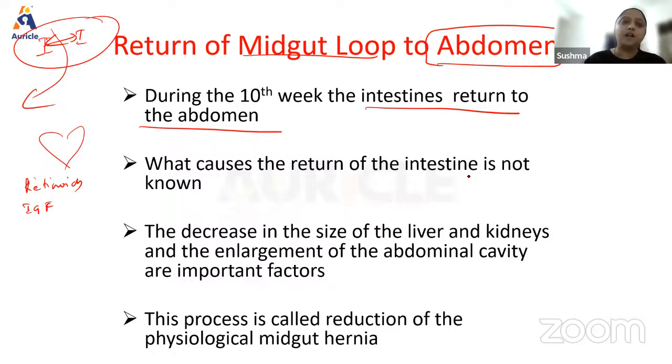But around the 10th week, the intestines come back to the abdomen. If you ask why, we definitely don't know why this happens. And this process is called reduction of the physiological midgut hernia.